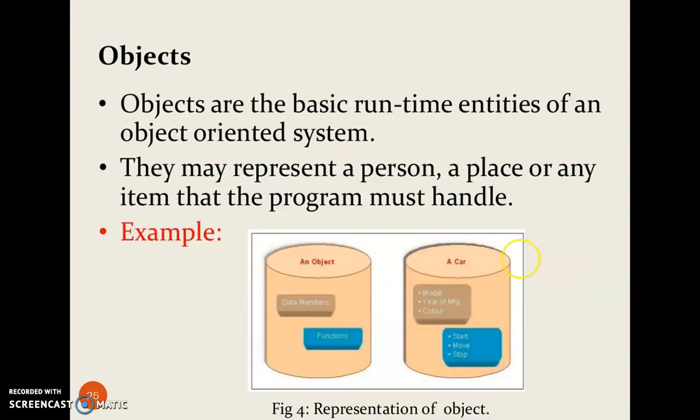See this example. An object is nothing but the collection of data members and functions. Example, a car. The data members for a car can be the model of the car, year of manufacturing, and color of the car. The functions are starting a car, moving a car, stopping a car. So this is the pictorial representation of an object.